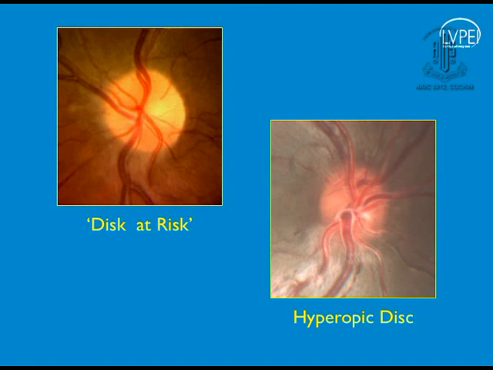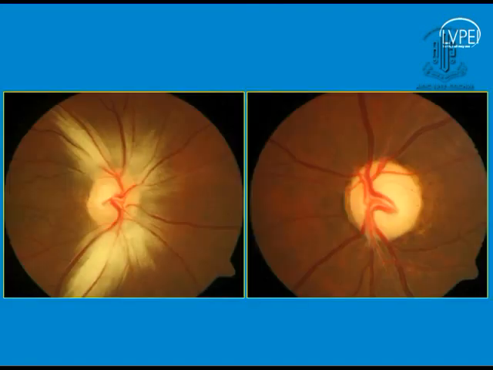But again, the nerve fiber layer is transparent, not opaque, and that's why this is not disc edema. If at all you are confused, then it is not a true disc edema. Similarly, a hyperopic disc may look swollen because again it's small in size, but when you put all these parameters together and look at the transparency of the nerve fiber layer, it should be transparent if it is a pseudo disc edema.